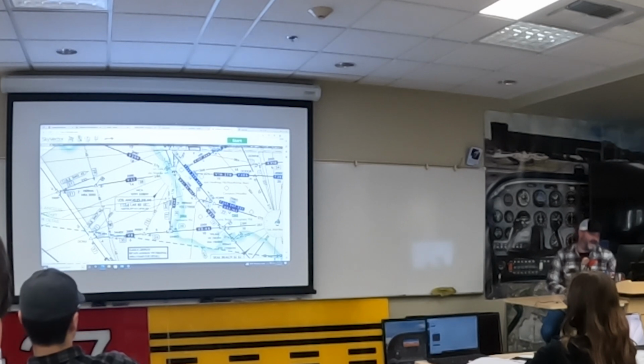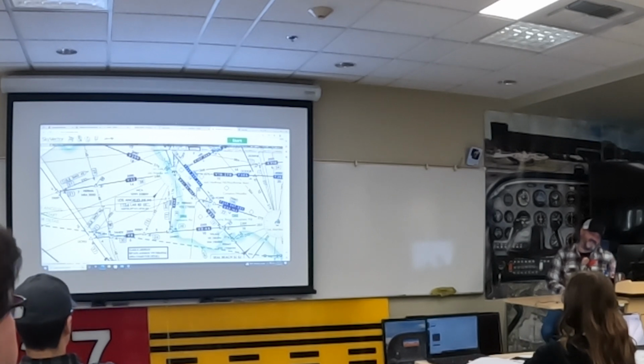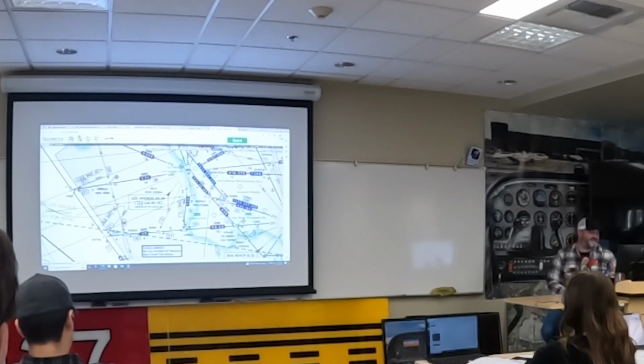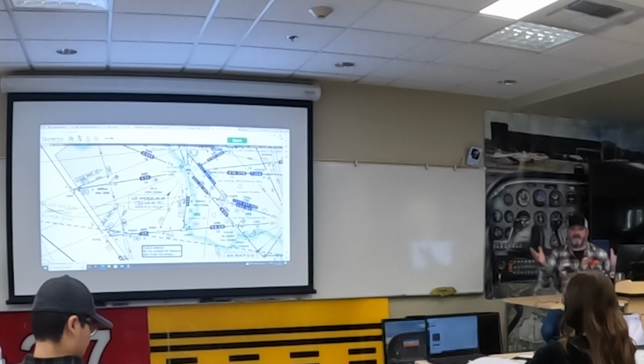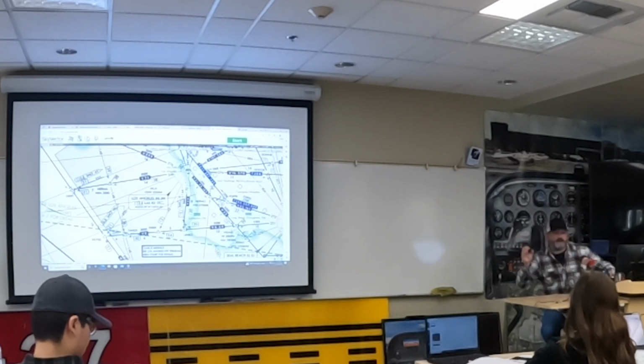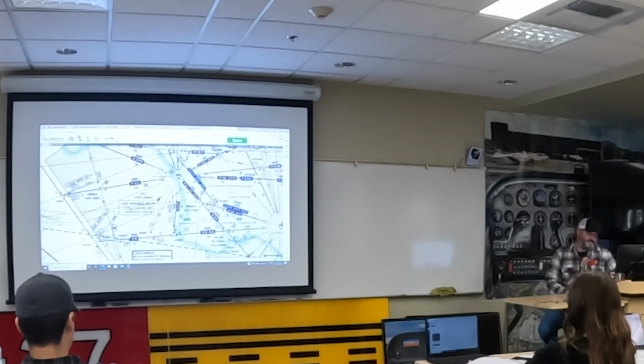So if I'm outbound, this wouldn't actually work all too well because it's kind of close together, but let's just say I'm outbound on Victor 25 coming from LA, and I want to be able to identify EXERT intersection, but I don't have GPS to identify EXERT. Well, I can identify the cross radial 233 at 21 miles or whatever it is off of 110.8.